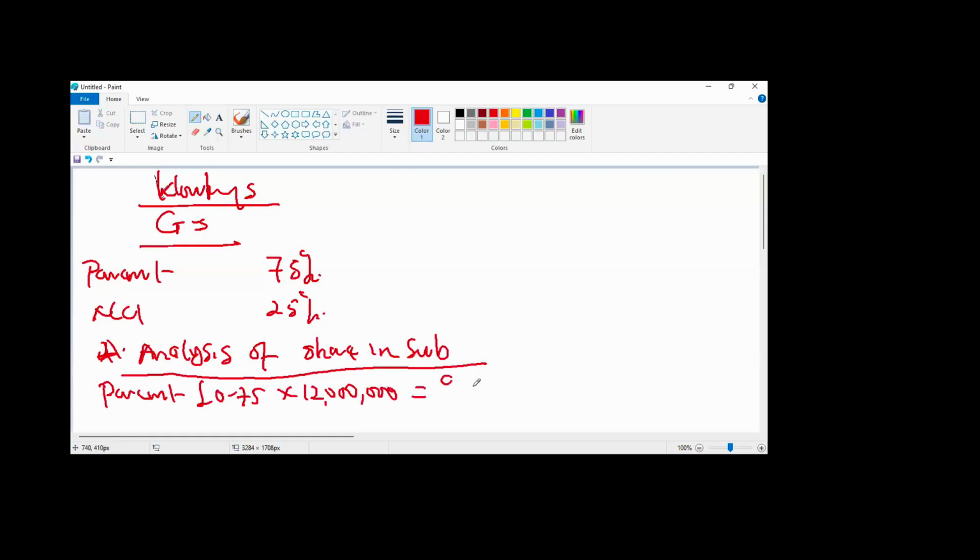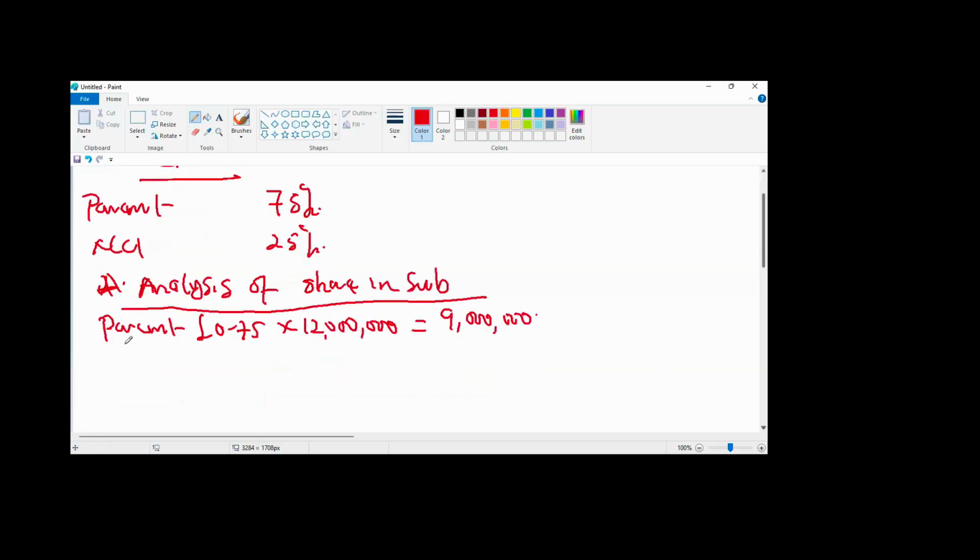That will give me 9 million shares. And NCI will have the remaining 25%, which is 3 million. That is it.